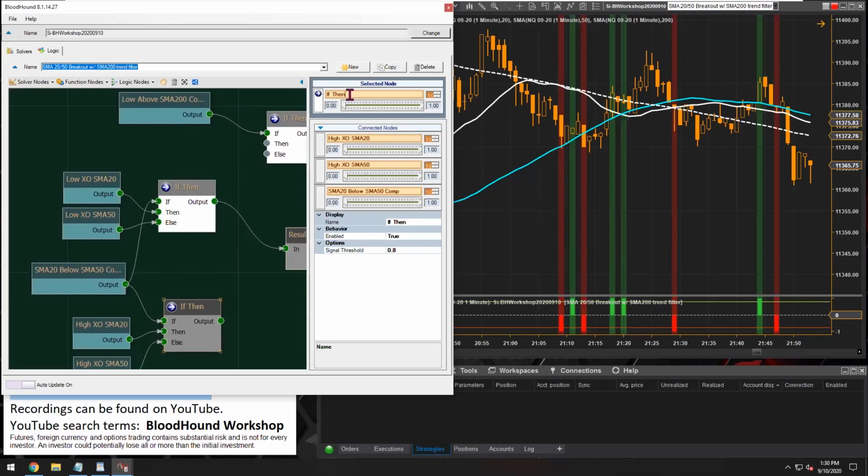Yeah, let's name this here. All right, so the if-then node on the top here is being used for longs. All right, and the if-then node on the bottom is being used for short signals.